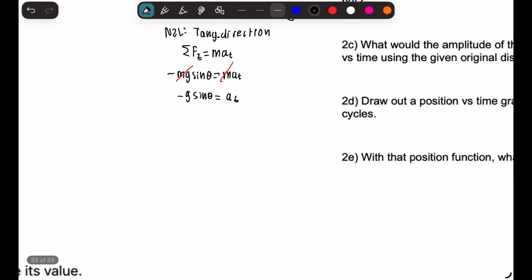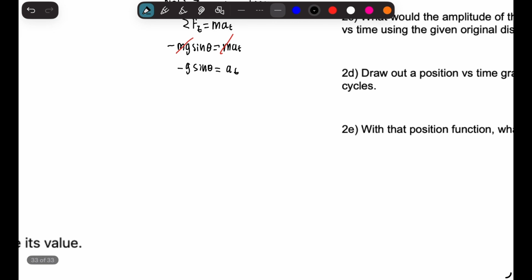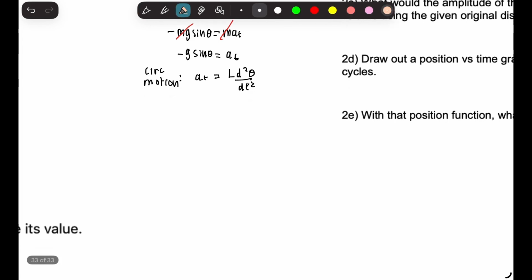Now we can express our tangential acceleration. We have circular motion, so a_t is L alpha, and this we can sub back in.